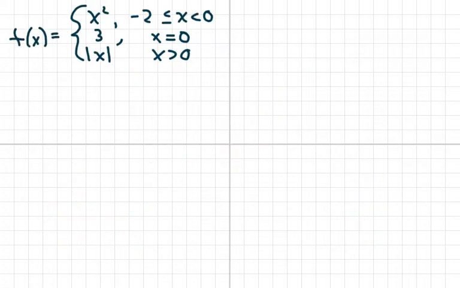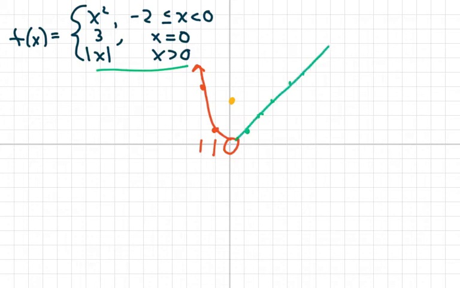Okay, next. We graph this one. -2 goes to 4. -1 goes to 1. 0 goes to 0, but it's open. 0 goes to 3. And then for this last piece, it's just a straight line. It's the absolute value function, so it's just a straight line here.